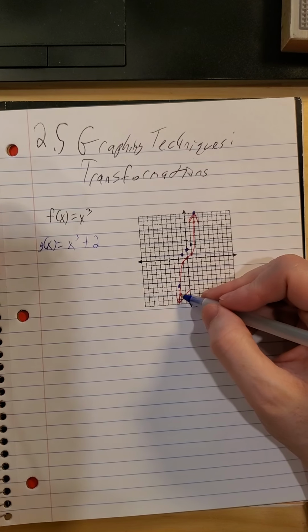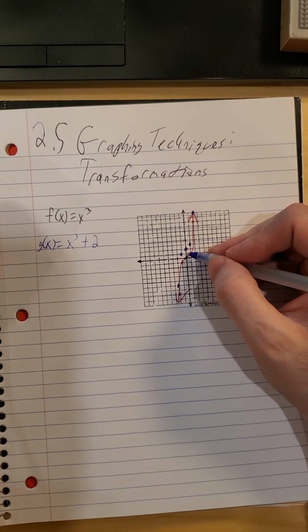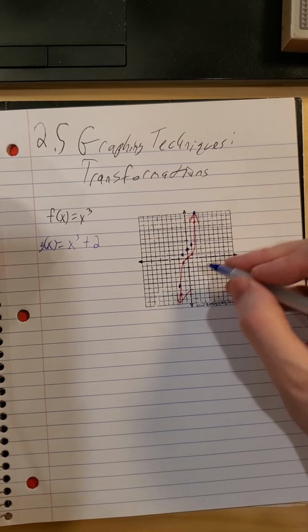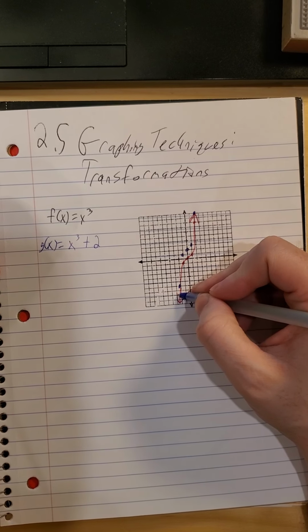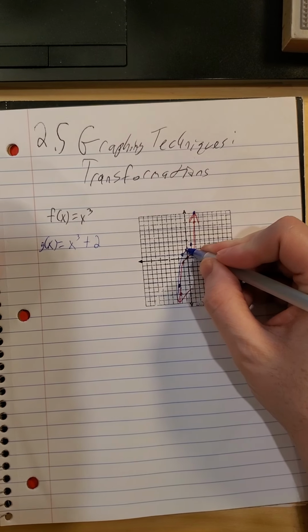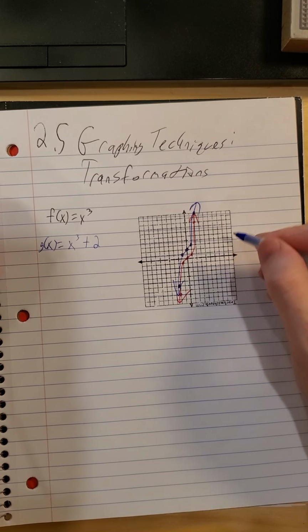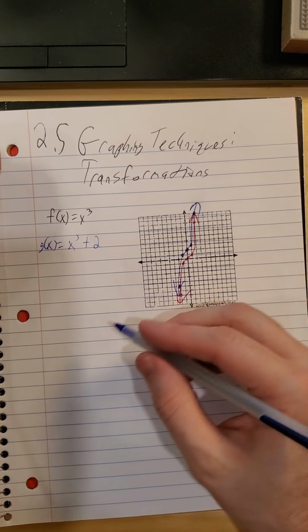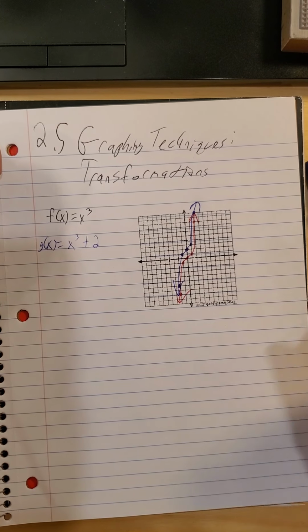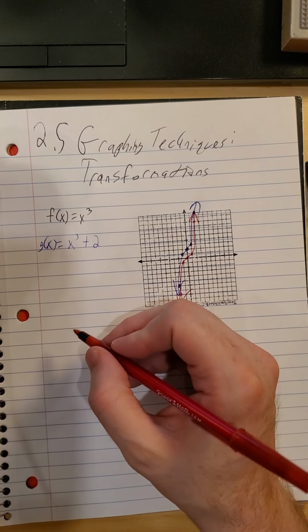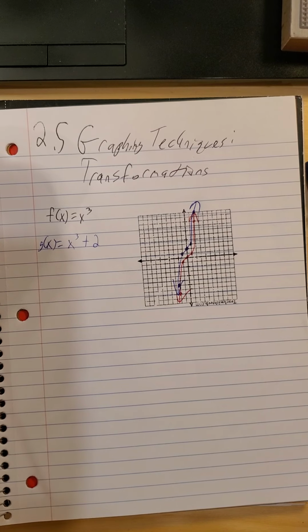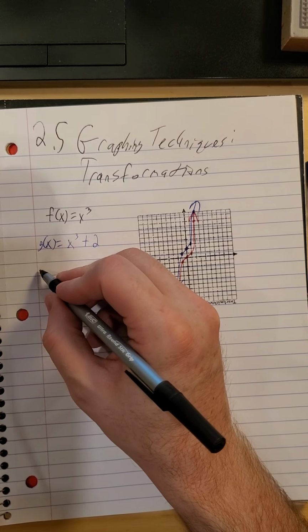So notice that each point in red has a point in blue exactly 2 units above it. So it's as if I picked up the red graph and slid every single point up 2. And we would see a similar thing. I guess I'll do this last one in black.